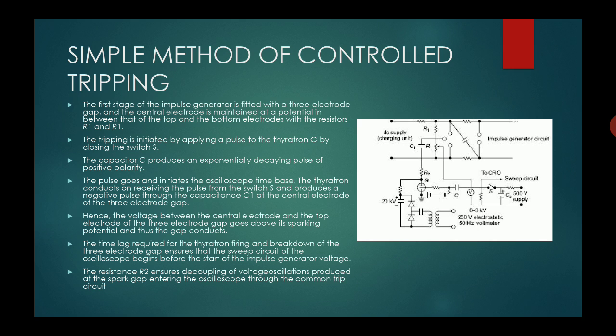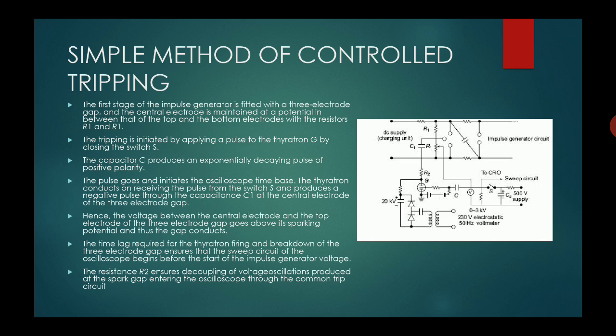You can see the 3 electrode gap in the circuit, and the central electrode is maintained at a potential between that of the top and bottom electrodes with resistors R1 and R2. So with resistors R1 and R2, the electrode in the middle can be brought to a voltage that is between the top and the bottom electrodes.